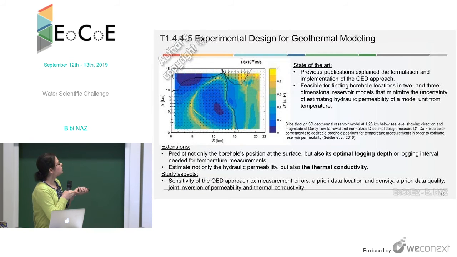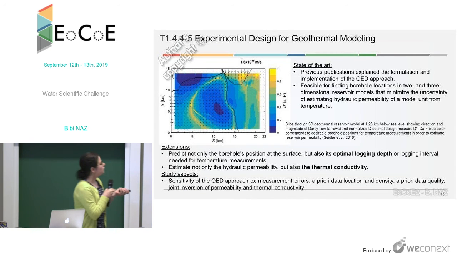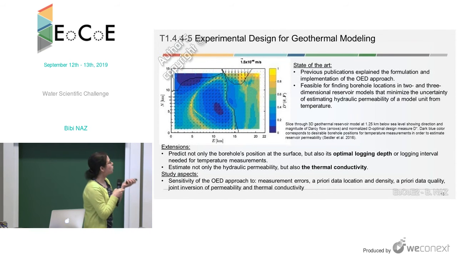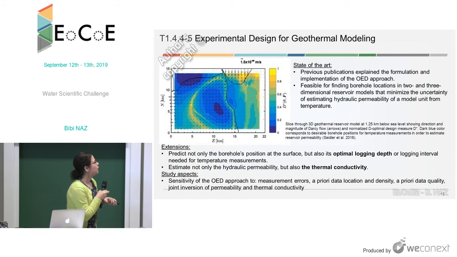So this is an example of the approach that they are using. This OED approach, which has already been used in different publications, is feasible for finding borehole locations in 2- and 3-dimensional reservoir models, and it also minimizes the uncertainty of estimating the hydraulic permeability.